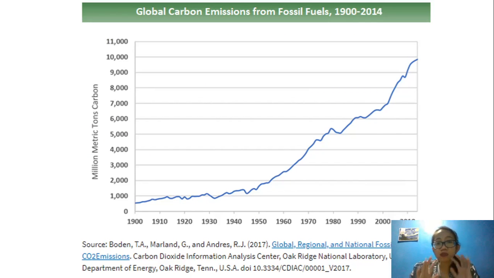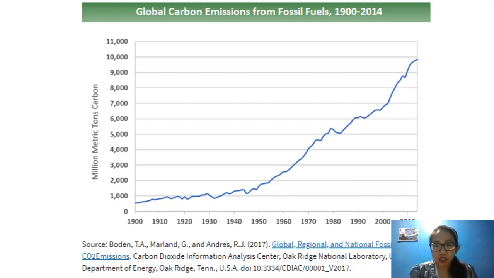This is the global carbon emissions from fossil fuels from 1900 to 2014. During the 1900s was the start of the growth of fossil fuel usage. And as you can see, with the growth of fossil fuel usage, we also increased our carbon emissions.